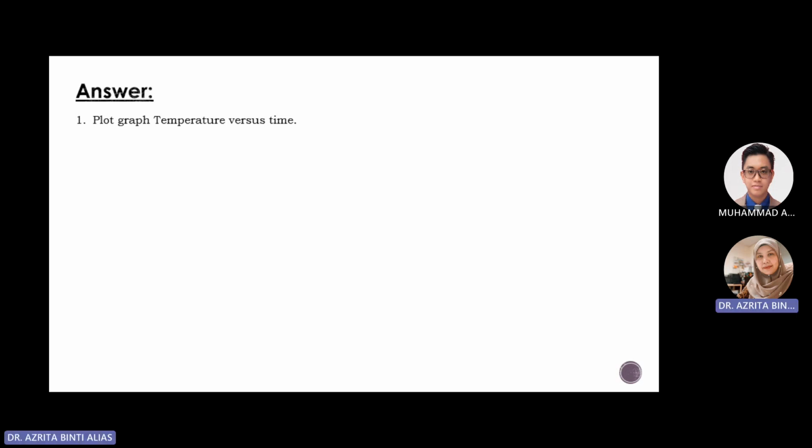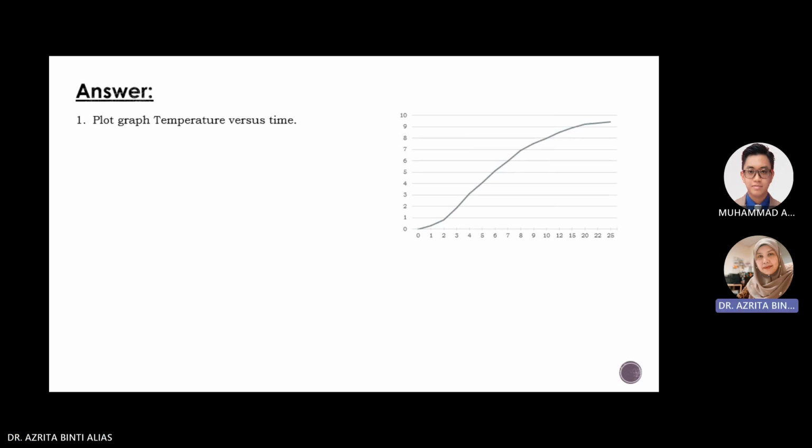We have the data, so we can plot the graph of temperature versus time, with temperature on the y-axis and time on the x-axis. Then first we draw the C final line to obtain the K value. The C final line is here, and this is our final value.